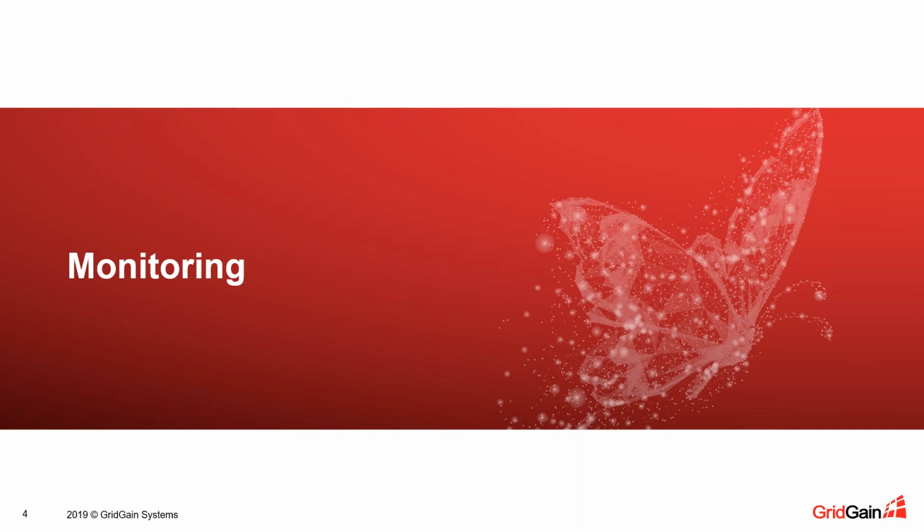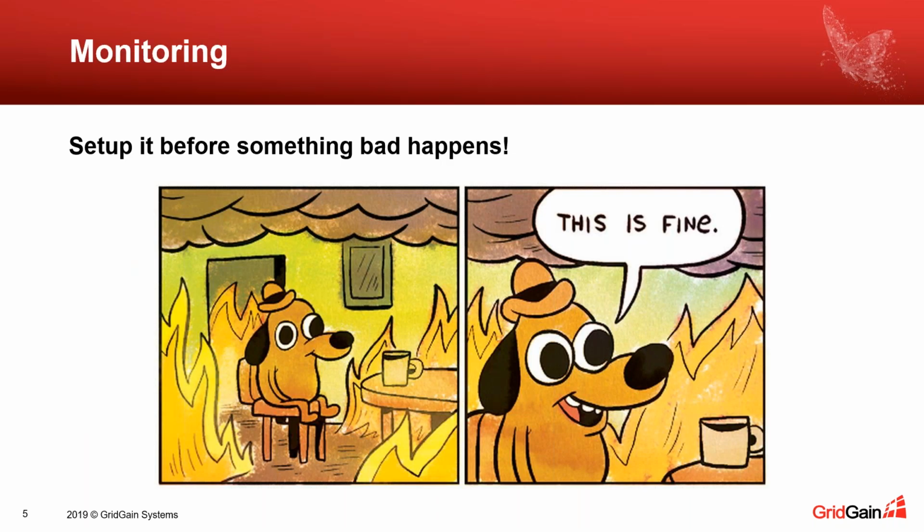You will not have any information, and you will just not know what has happened. To avoid this, make sure to set up monitoring not after, but before you go to production, before you encounter actual issues. Let's take a look at what monitoring capabilities Ignite provides.